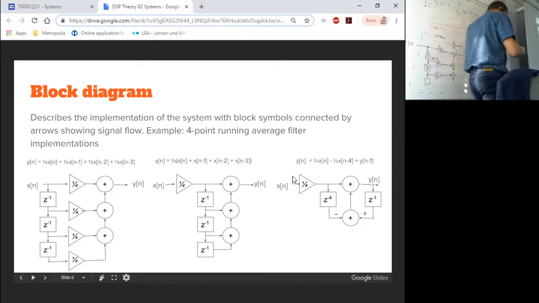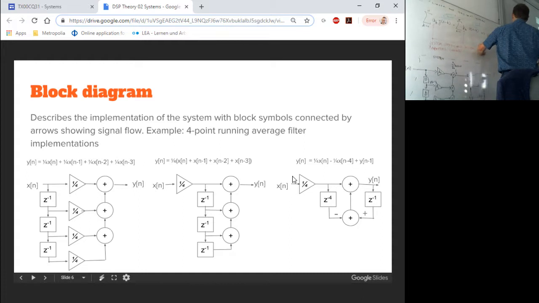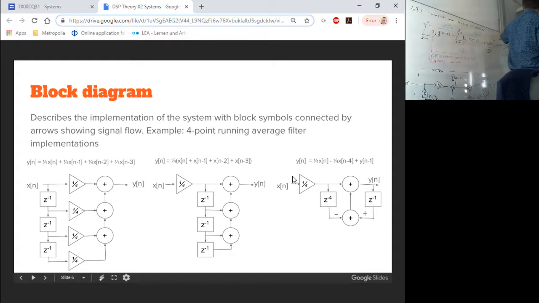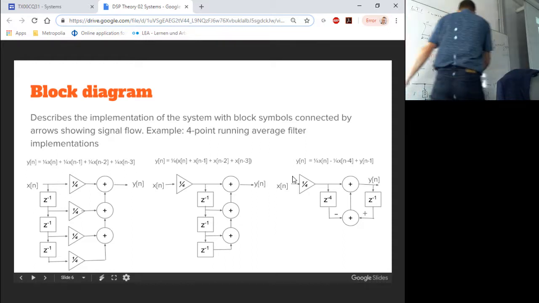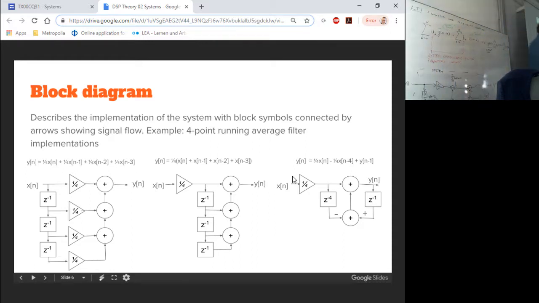Basically, we have this difference equation. A difference equation is nothing more than a mathematical formula that can be used to calculate the current value, but most often it's not the way you would like to calculate the current output. The block diagram is what you should start from.